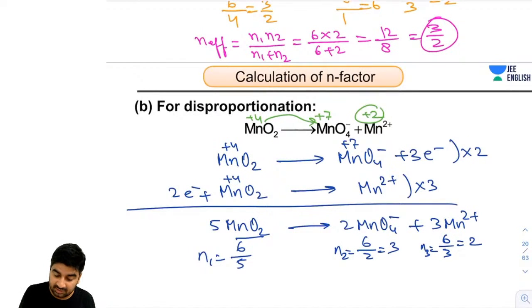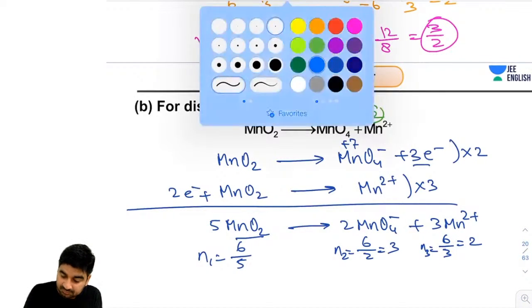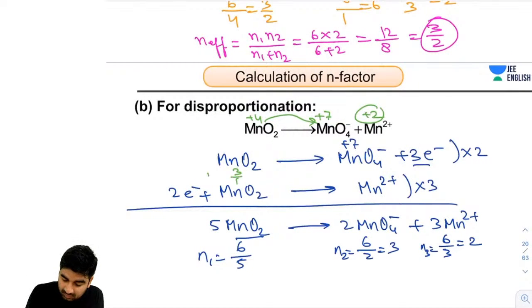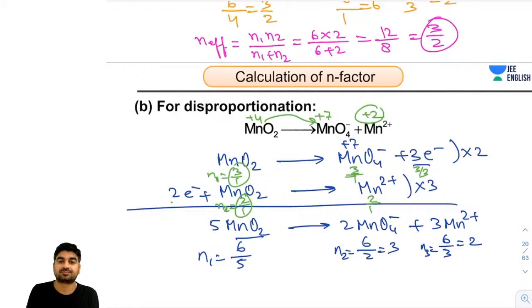So just calculate the n factor for MnO2 by the second approach. And what is that second approach? Just calculate N1. Here 3 electrons are changing, so this is N1, and here 2 electrons are changing, so this is N2. So now N1 and N2 both are given.